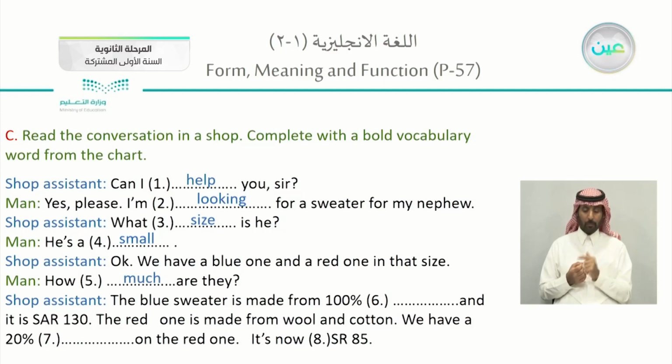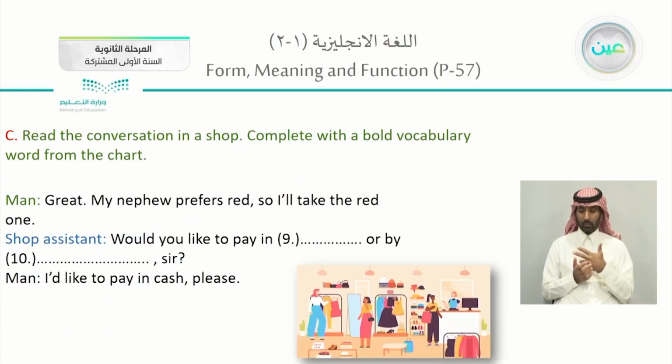The blue sweater is made from 100% wool, and it is 130 Saudi riyals. The red one is made from wool and cotton. We have a 20% reduction, so it will be a discount on the red one. It is now 58 Saudi riyals.